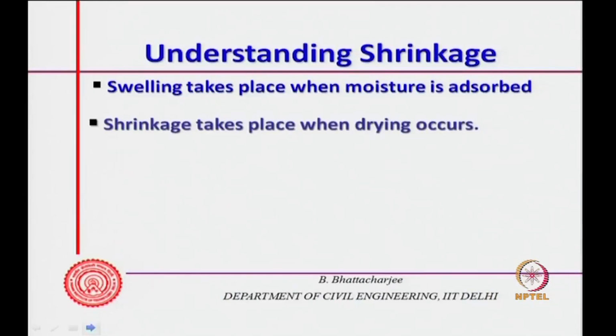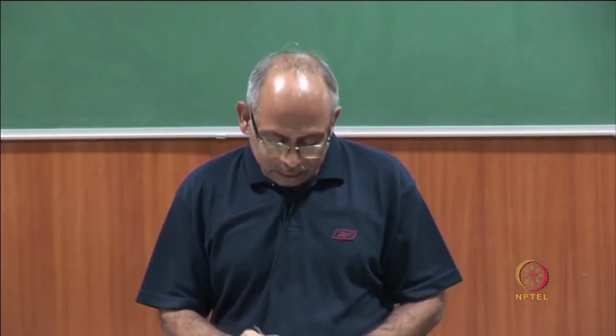It will compress the system, surface tension will change, and it would compress the system more. So, there is a compression because of the capillary itself. There is also compression because of the adsorbed water being withdrawn. So, this results in drying shrinkage.